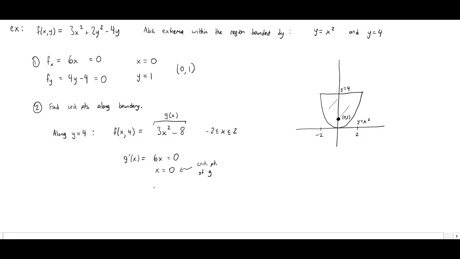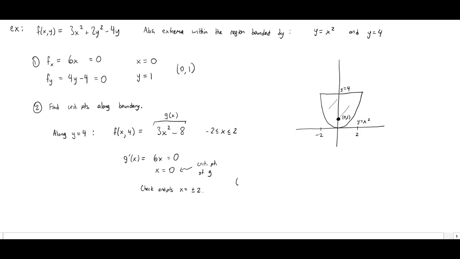Just as before, when I'm optimizing a function of one variable over a closed and bounded interval, I need to check the endpoints of my interval as well. So I'm going to note these 3 points that we're finding.